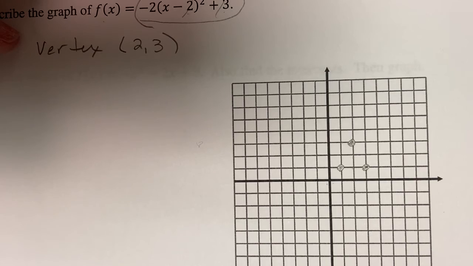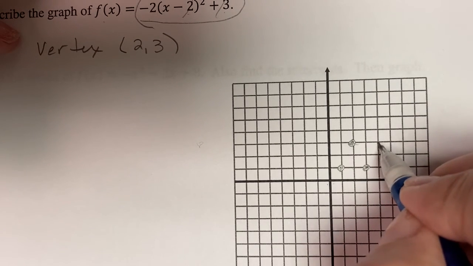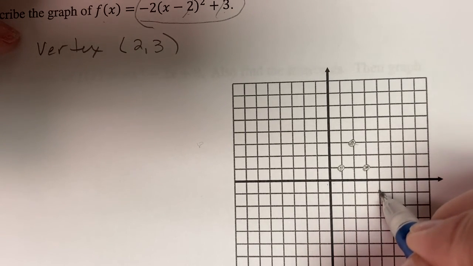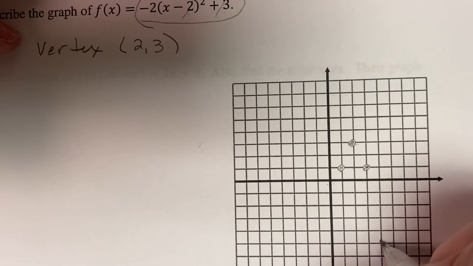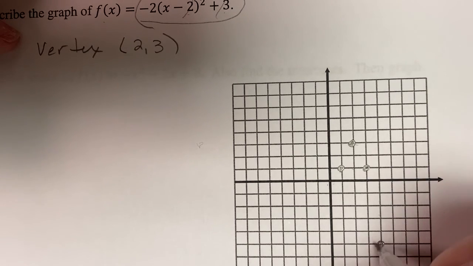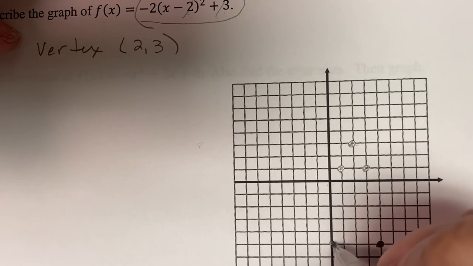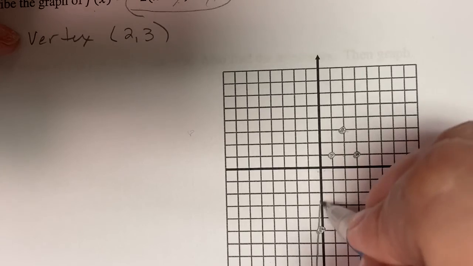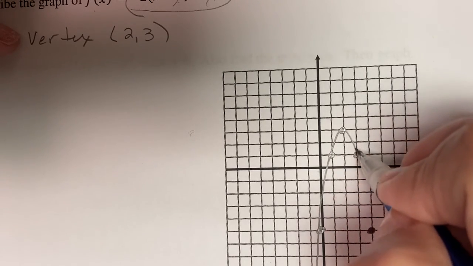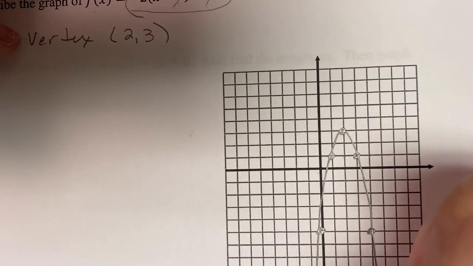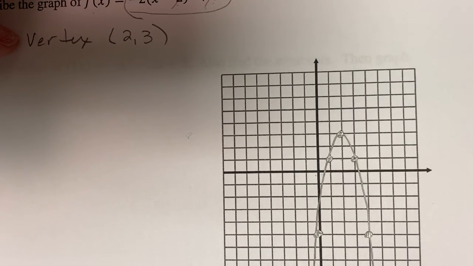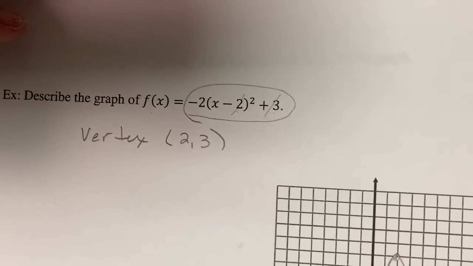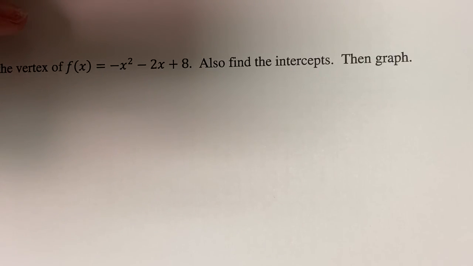And then just like the one above, if I go to the right 2, I'm going to go down 1, 2, 3, 4, 5, 6, 7, 8. So twice the 4 that I would do without the 2. And then I can do the matching point over here. And there's your graph. So we've done all the shifting of parabolas.